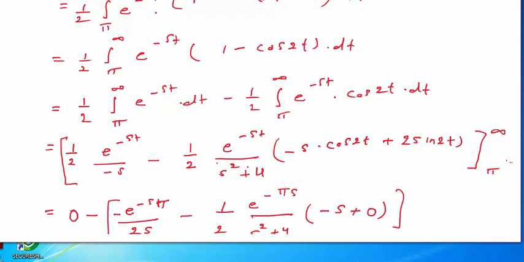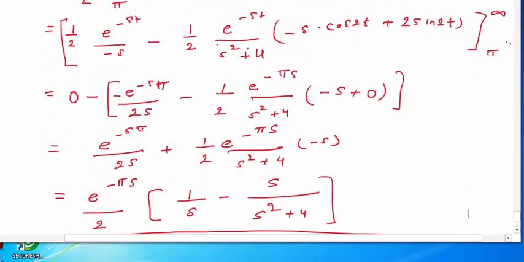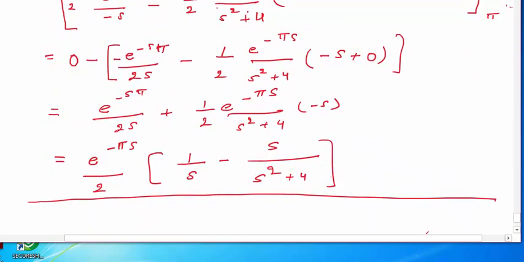Now, when we put infinity, e power minus infinity is 0. Therefore, we say that 0 minus, we put the lower limit. After putting the lower limit, we know that cos 2 pi is 1 and sin 2 pi is 0. So, we get the answer: e raised to minus s pi upon 2s plus half e raised to minus s pi upon (s square plus 4) into minus s.